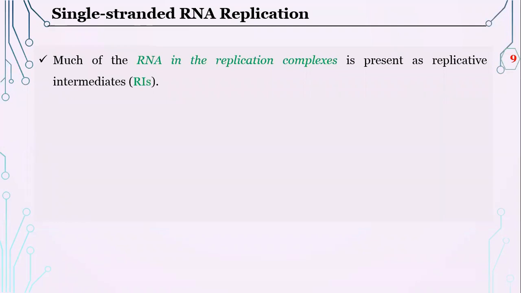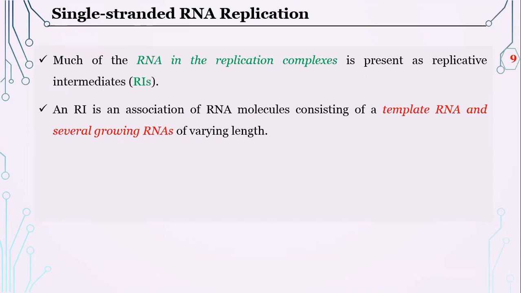So the replicative intermediates are present there in the RNA. So during the infection, when a cell is infected with an RNA virus, one can observe the replication complexes, and there will be many replication intermediates, and these replication intermediates are an association of RNA molecules consisting of templates of RNA.